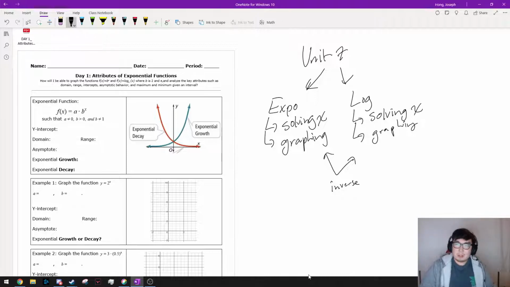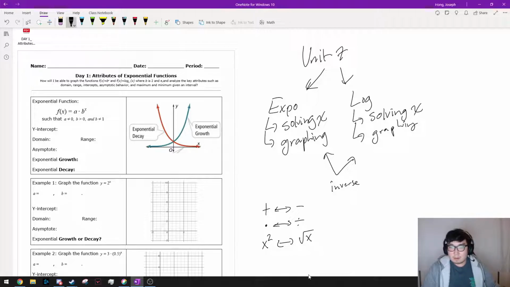Coming back to the last lecture, we talked about adding is to subtracting, multiplying is to dividing. Squaring is to square rooting.